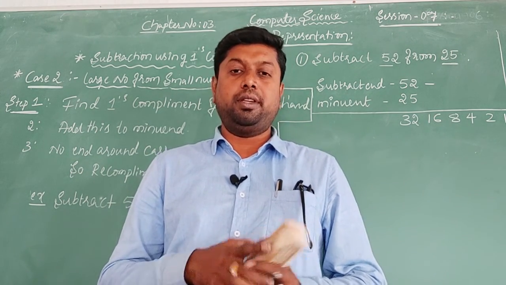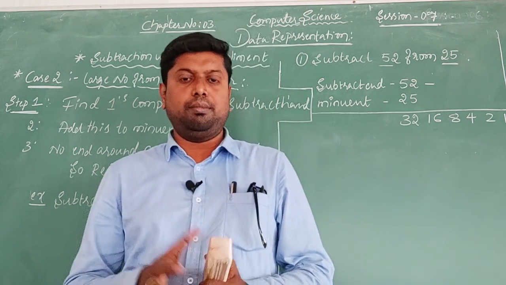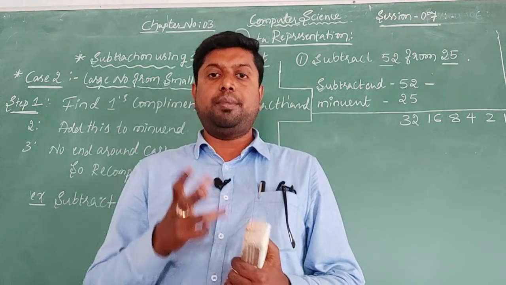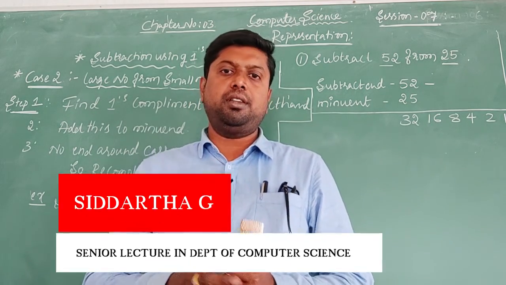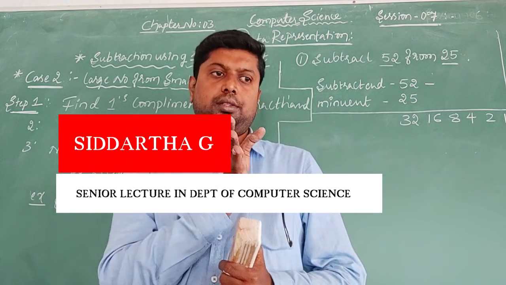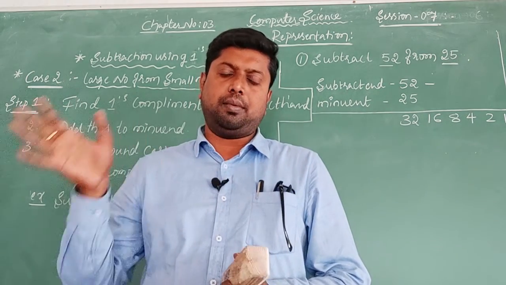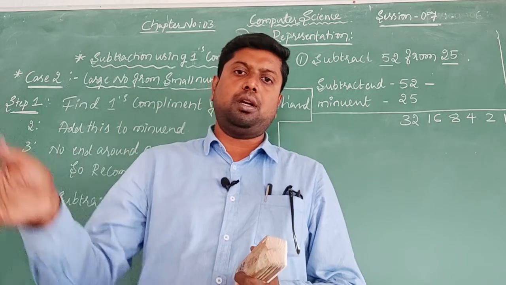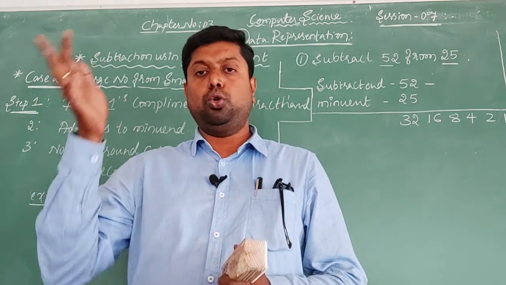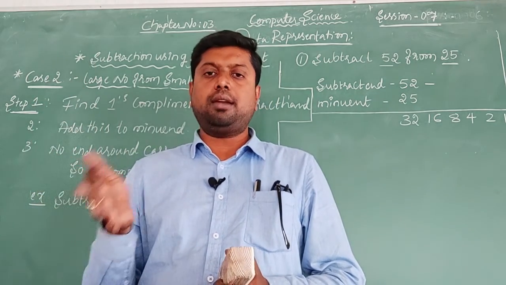In the previous sixth session we discussed some arithmetic operations for binary representations: binary addition as well as subtraction. If the same subtraction is applied to ones complement, what will happen? We discussed those things in the last session.